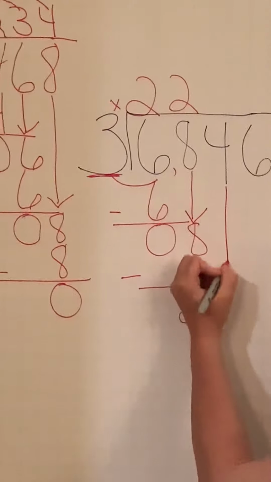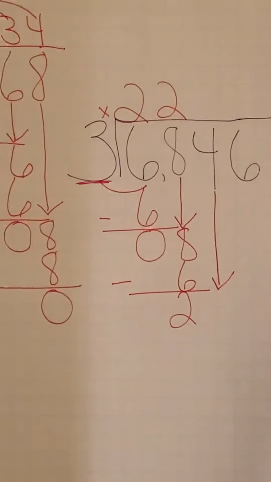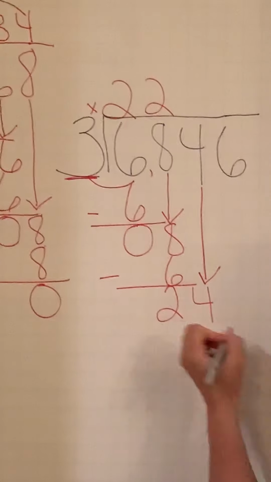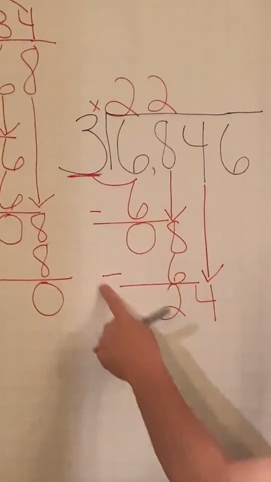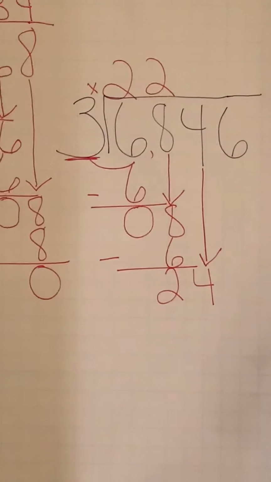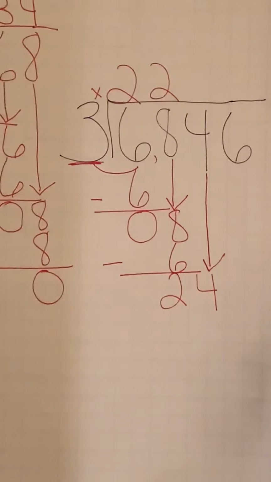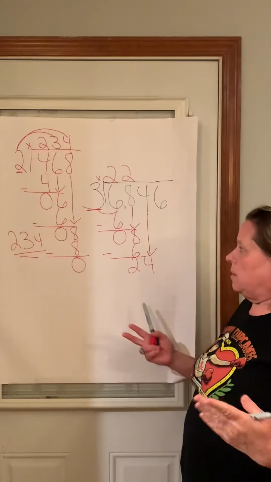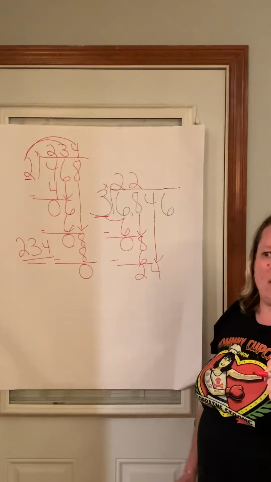So again, we have to bring down this number, the 4 from the tens column. Now we have a 4. Now we have 3 goes into 24. So we have to think of our math facts. Remember, knowing our math facts is really important. Again, this is a good time. You're stuck home. You've got nothing to do. Practice your math facts.